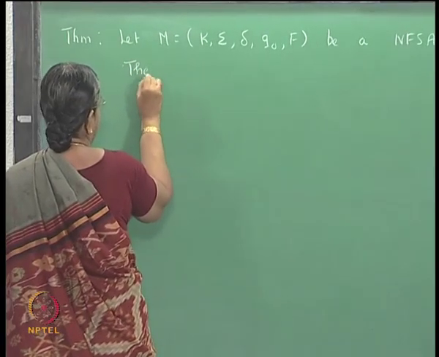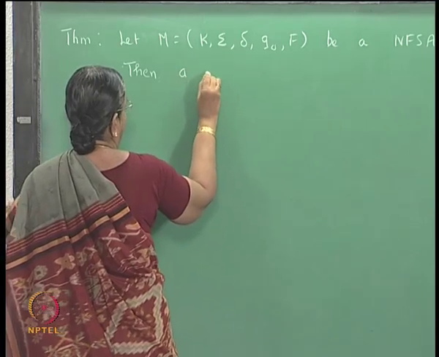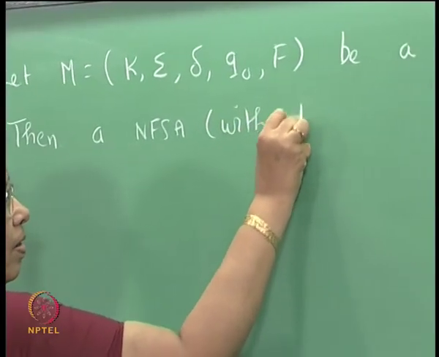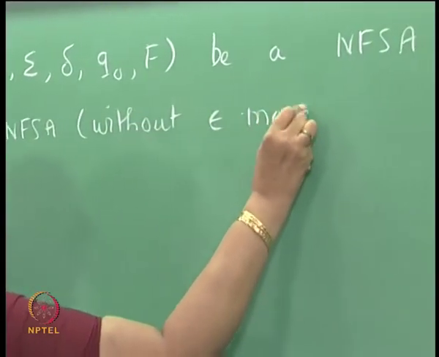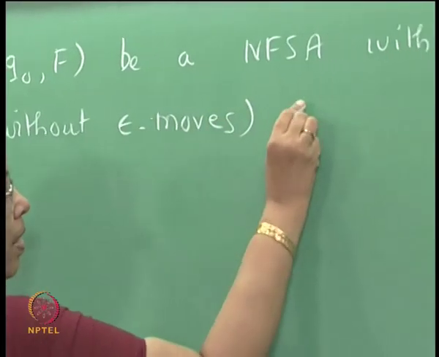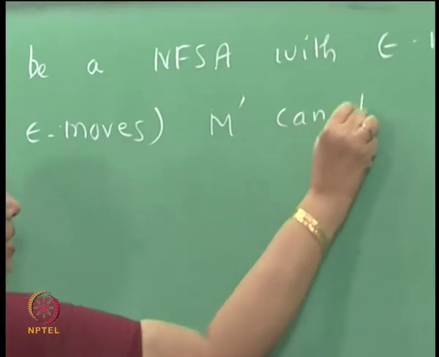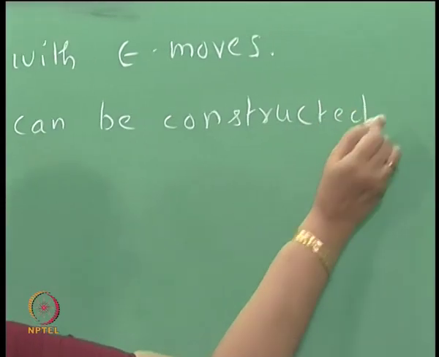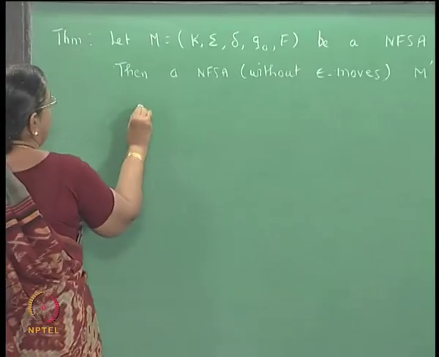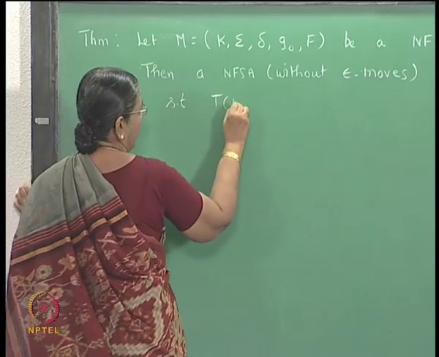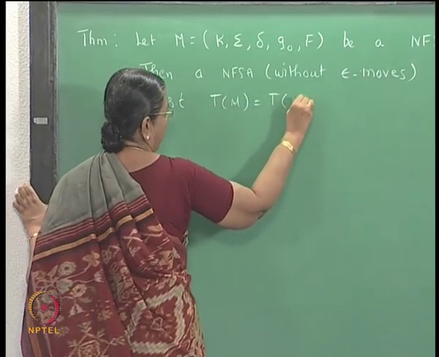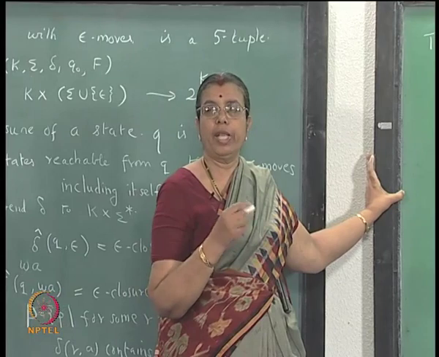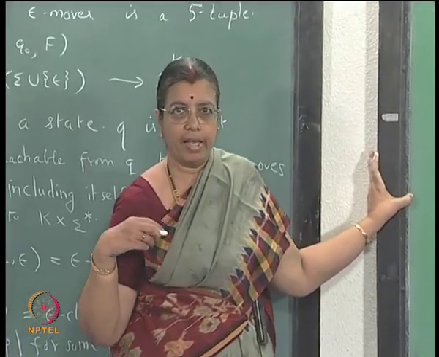Then an NFSA without epsilon moves, M dash, can be constructed such that the language accepted is the same, T of M is equal to T of M dash. That is, you are trying to remove the epsilon transitions without changing the language.